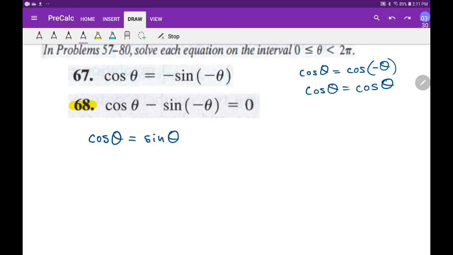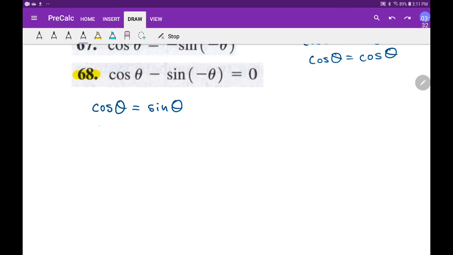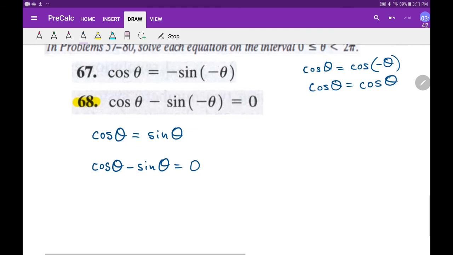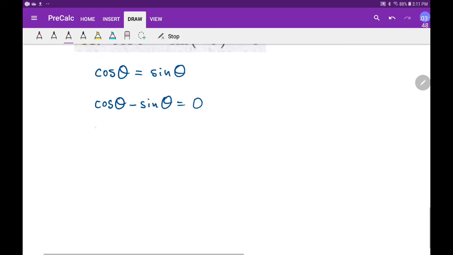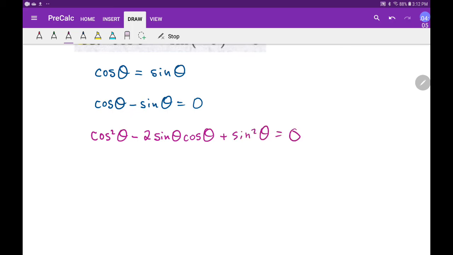All right. So now let's see. How can we go about fixing this? Well, there's a couple ways. I thought just to be different, I'd let me square this. I know when I square it, I could be introducing superfluous, extraneous things. But when I square it, I get cosine squared theta minus 2, and I'm going to put the sine first, I can't help myself, and this equals 0.